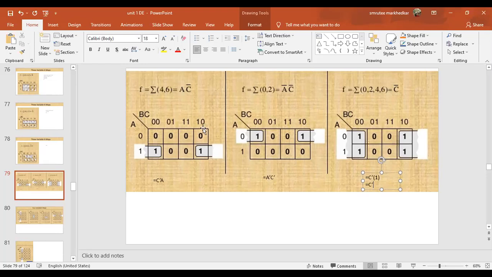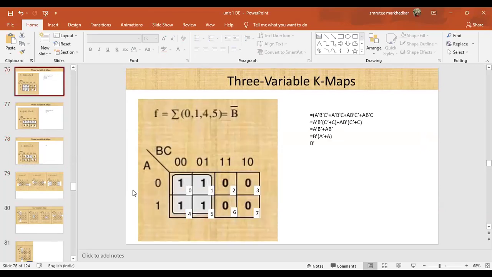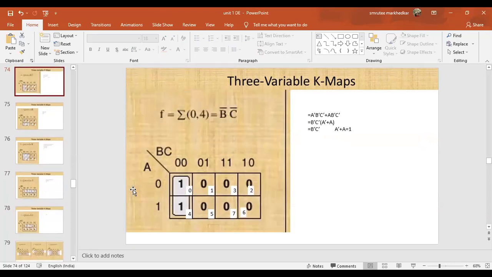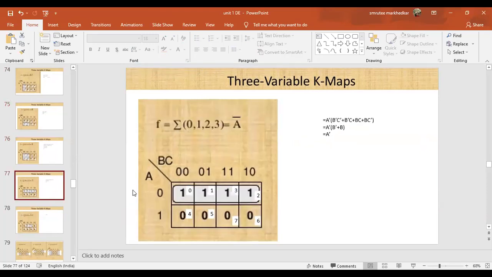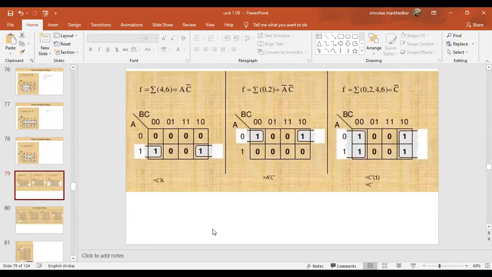Now here, if you see the first, second and third positions, they are all roll-on positions. In earlier examples we have seen that it was combined horizontally, or in the form of a quad, or vertically. So we have seen vertical pairing, we have seen quad, horizontal combination of quad, then horizontal pairing. Now here we can make a roll-on.